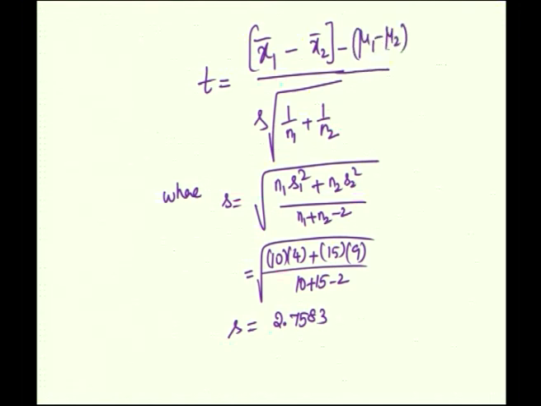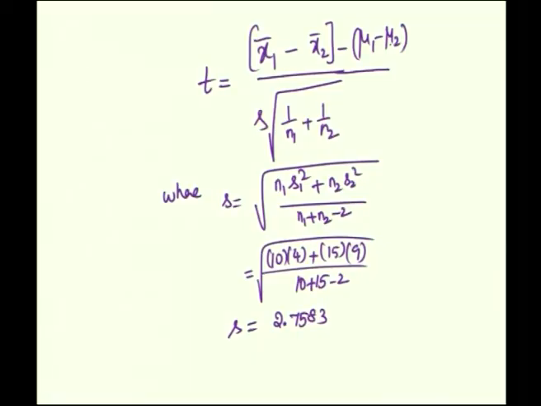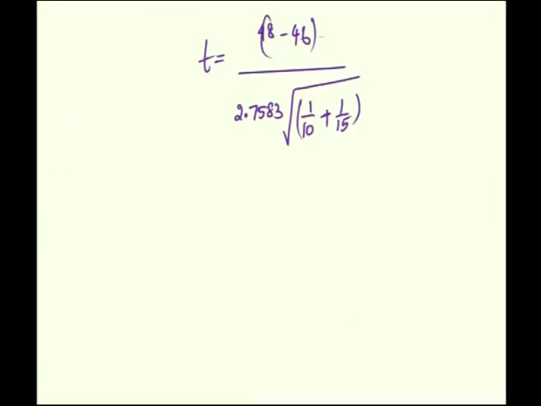Actually, this mu1 minus mu2 becomes 0 when you set up H naught as mu1 is equal to mu2. That is why this part becomes 0 when you are applying the formula for testing the difference of means. Therefore, here also this mu1 minus mu2 will appear as it is, and this t stands for tabulated t at 5%, with degrees of freedom 10 plus 15 minus 2.